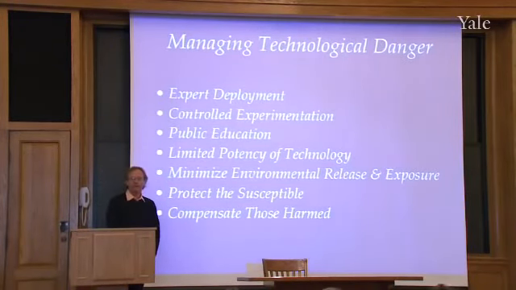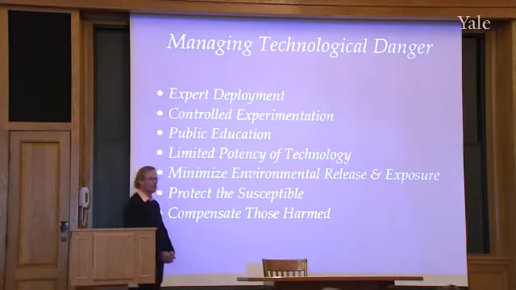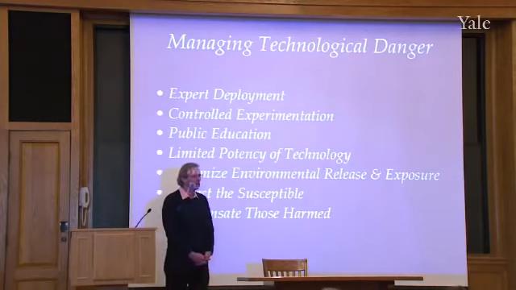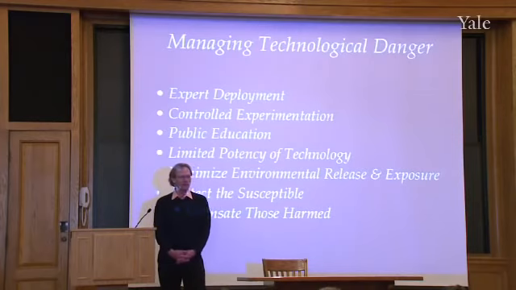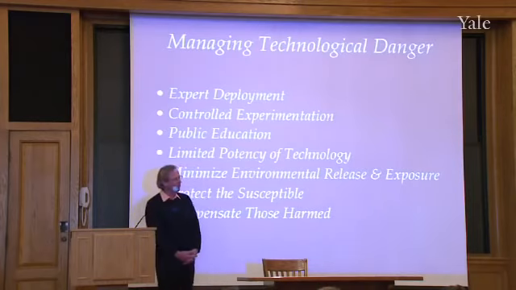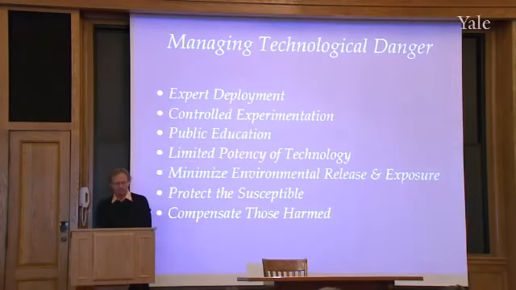Another approach would be to limit the potency of a technology, so to try it on a really small scale. And what's curious about this was that the arms race that grew between the Soviets and the US caused the rapid development of bigger and bigger weapons, greater and greater explosive power.